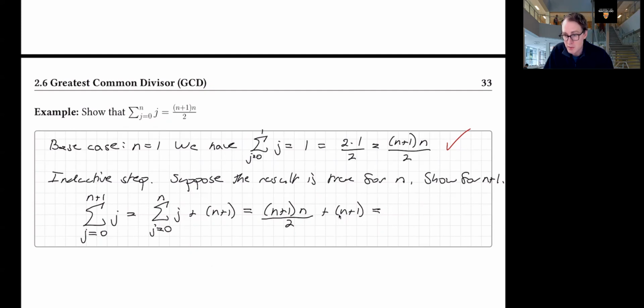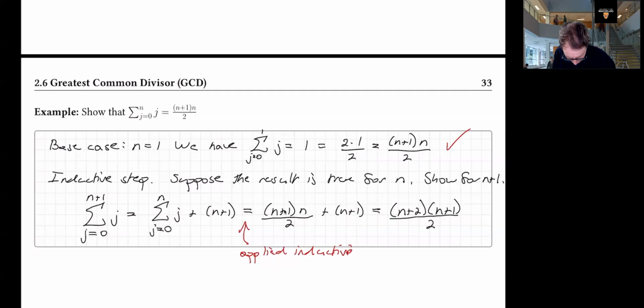If we multiply this by 2, top and bottom, and then sum it, what we end up getting is (n plus 2) times (n plus 1) over 2. And here is where we applied our inductive hypothesis. And so we showed that it holds for n plus 1. And with that, now we've shown this result for all n. Okay.